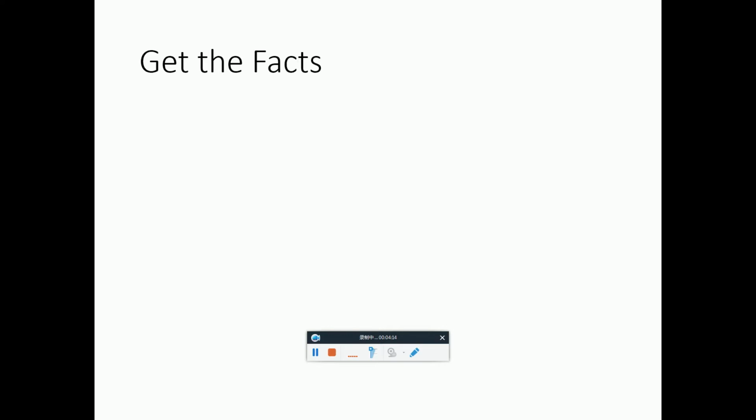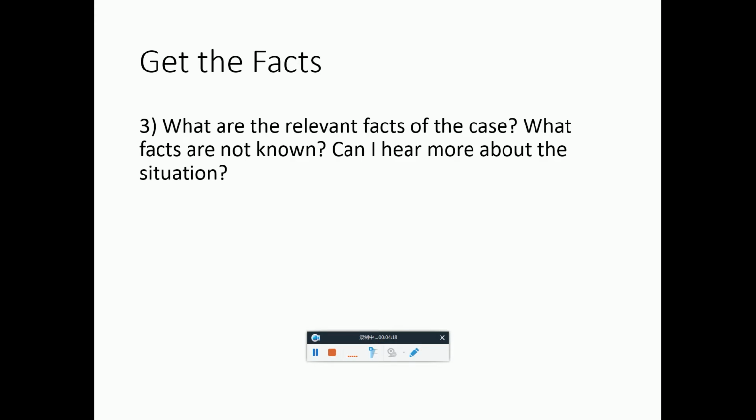Second step is to get the facts. Essentially, we should ask ourselves, okay, what are some relevant facts of the case? What are some facts known and what are some facts unknown? Can I hear more about the situation, right?